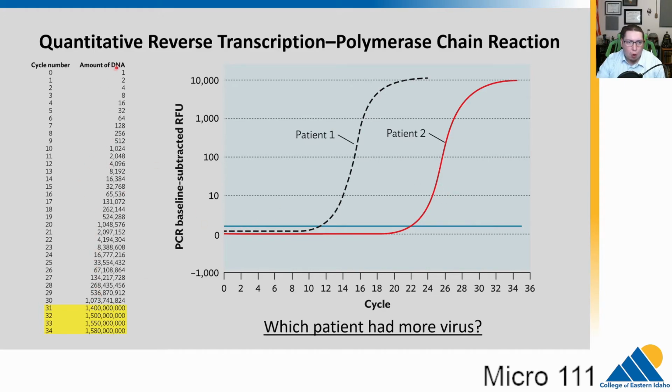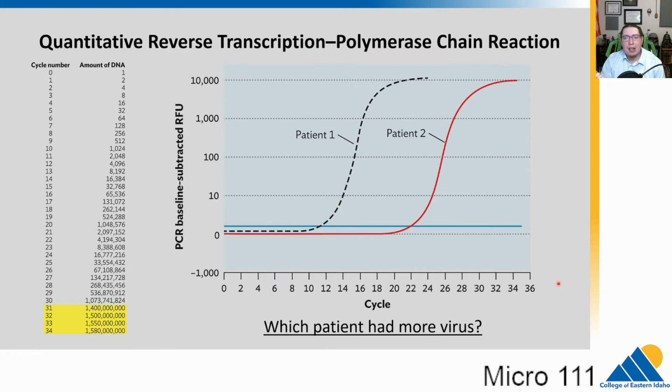In the early stages, it can't detect it. But as it goes along, the fluorescence starts to get detected. So we have cycle number down here and basically how brightly it's glowing or how many copies are in there on the y-axis.